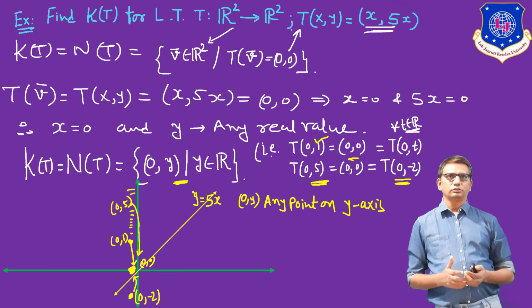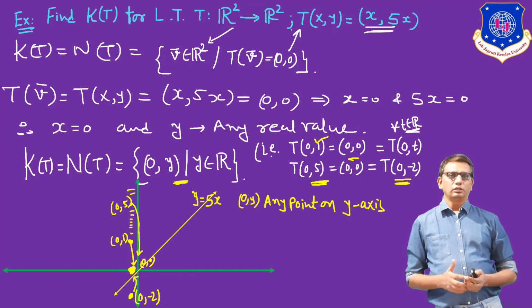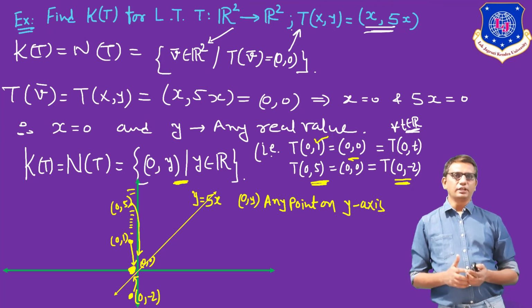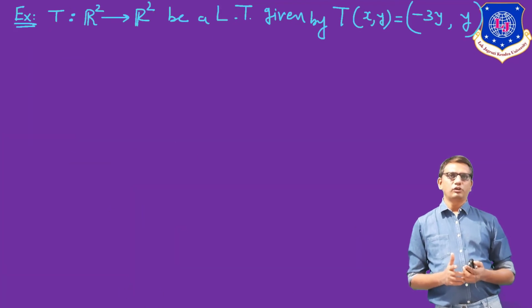So that is our kernel of the given linear transformation. Here the matrix of the linear transformation is nothing but [1, 0; 5, 0].